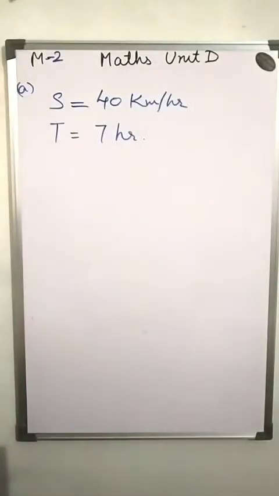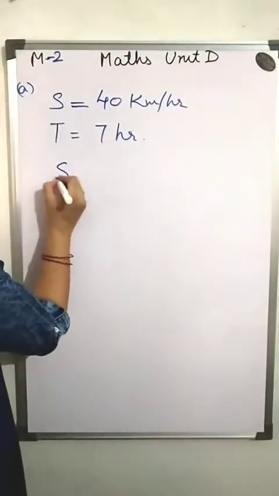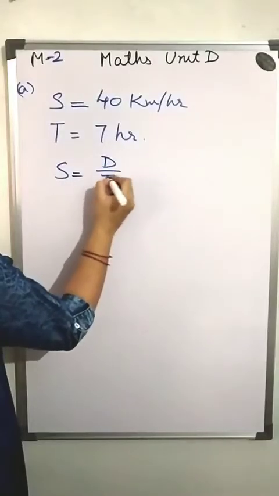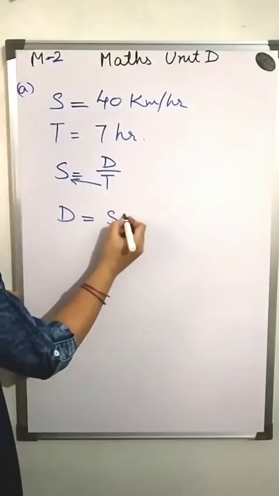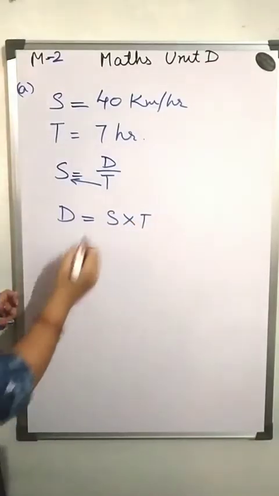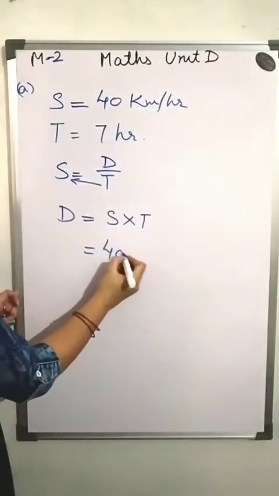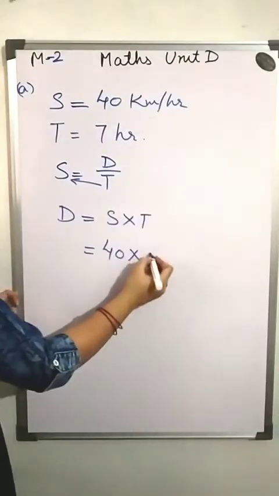Okay. Now the next question is: S is equal to 40 kilometer per hour, T means time is equal to 7 hours, and you have to find the distance. So according to this formula, speed is equal to distance upon time. Distance is equal to speed into time. Now put the value. Speed is 40 kilometer per hour, time is 7 hours.